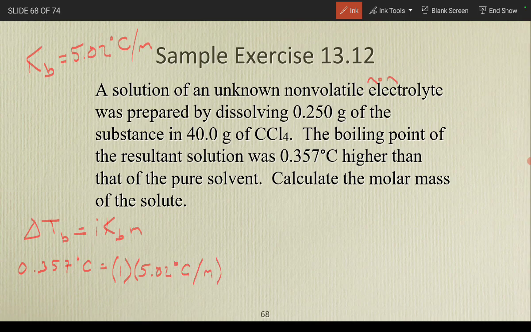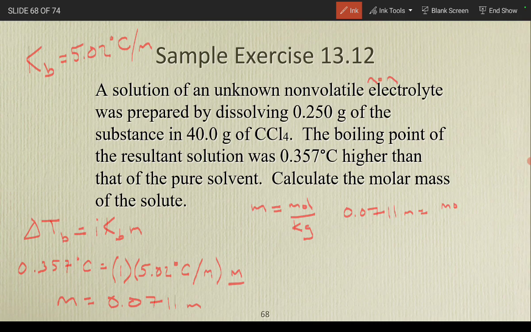So we've got 3 of those 4 pieces. We're just missing the molality here. So we can basically just divide both sides by 5.02 to get the molality by itself. And we're going to see we'll wind up with a value of 0.0711 molal. But then remember, molal is moles per kilogram. So in this case, we now know 0.0711 molal.